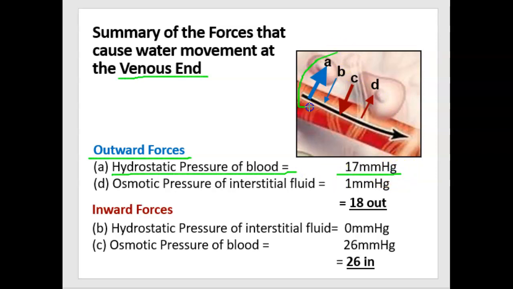Now it's 17, and that's A. And then there's osmotic pressure of the interstitial fluid, which is D here. And that's minimal, if you remember. So both A and D contribute to an outward force of water movement.